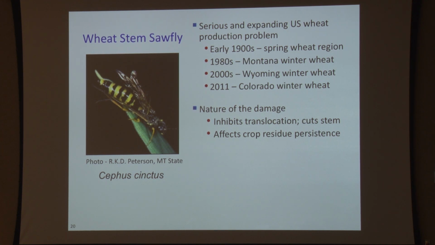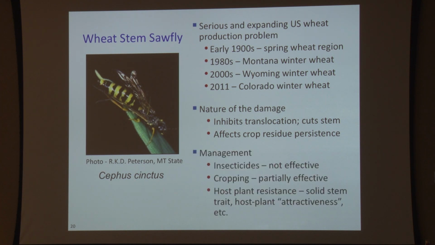Cropping can be partially effective as far as rotating crops. Host plant resistance, and the trait that is the leading trait and the one that has been most associated with resistance is the solid stem trait. So that you have a pith that inhibits either the laying of the eggs or the tunneling of the larvae.